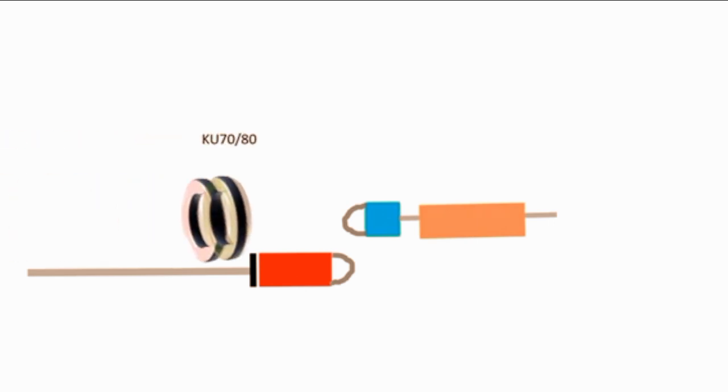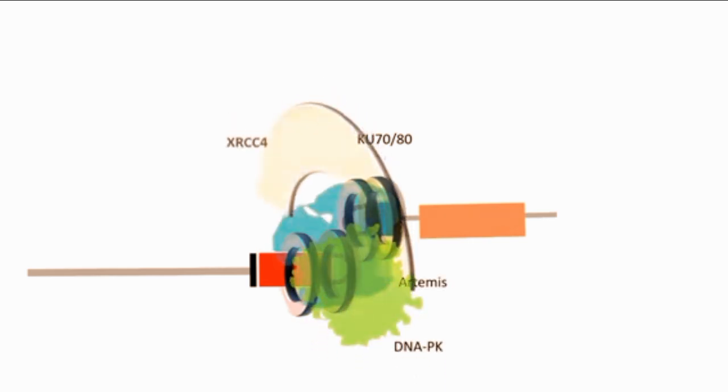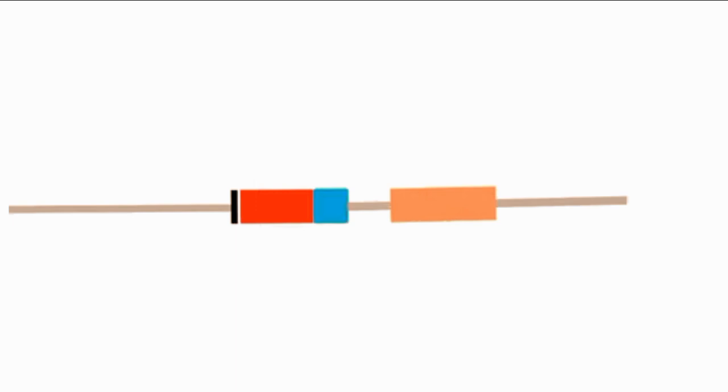And that joining process happens by an NHEJ mediated mechanism, where Ku70 or Ku80 binds to it, followed by the binding of Artemis, DNA-PK, and XRCC4, etc., enzymes of the NHEJ mechanism, which give rise to joining of these gene segments. And now the mRNA would be produced from this gene segment, which would later be translated to give rise to the light chain.